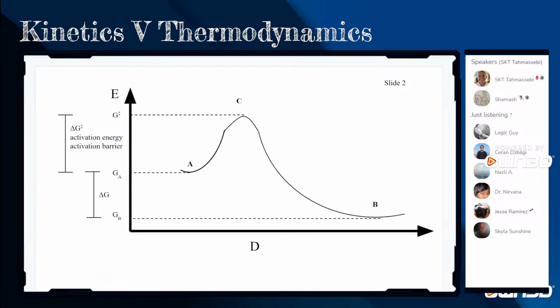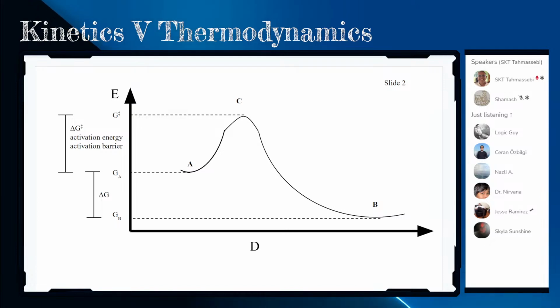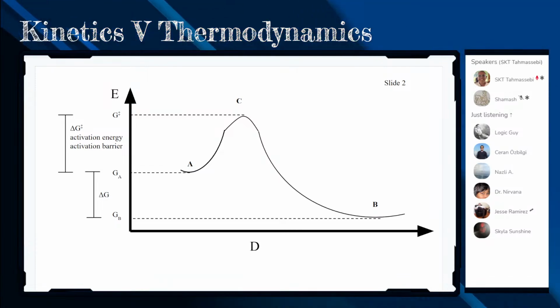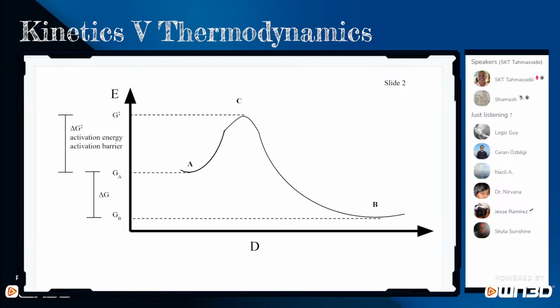Let's go to slide 3, and in slide 3 I have shown what happens if a reaction is under thermodynamic control. What happens is that the free energy of the transition state, that is delta G double dagger, is easily achievable.